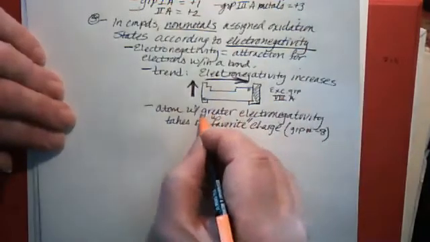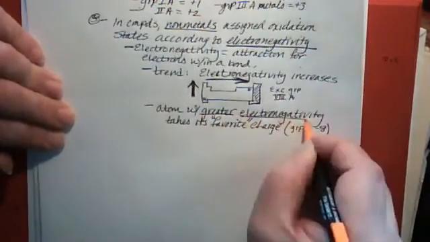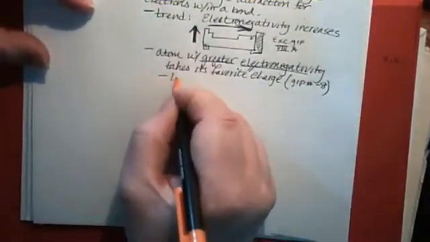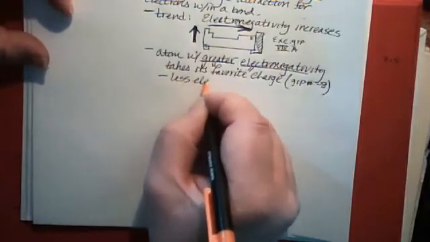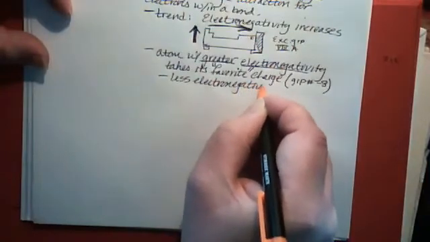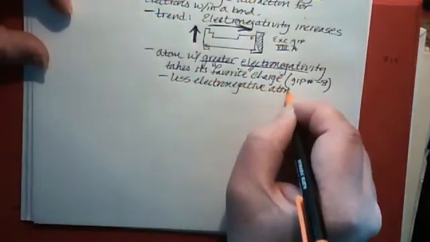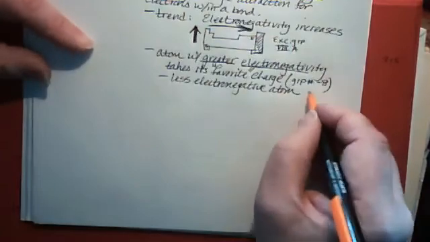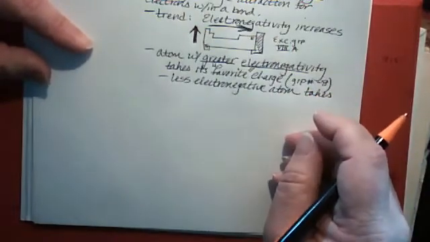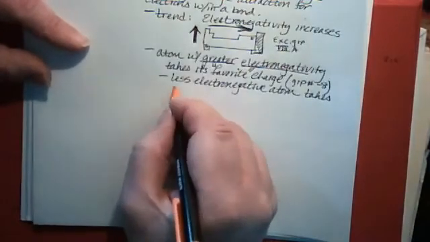So the atom with the greater electronegativity takes its favorite charge, and the less electronegative element takes whatever charge it has to make the overall charge work out.